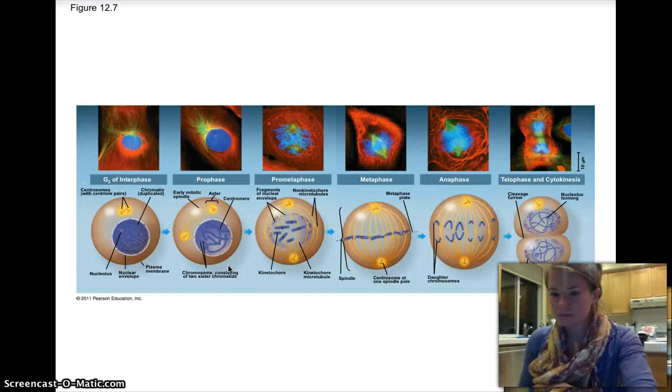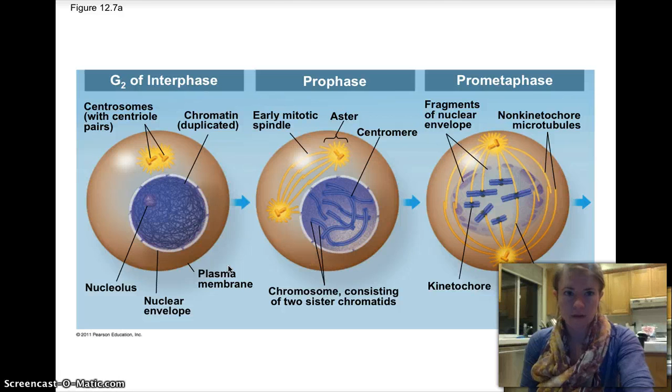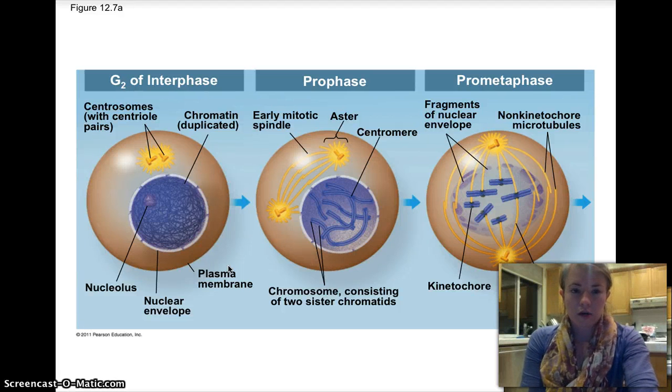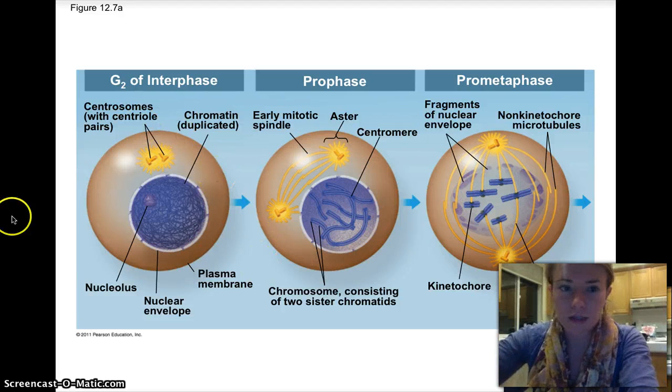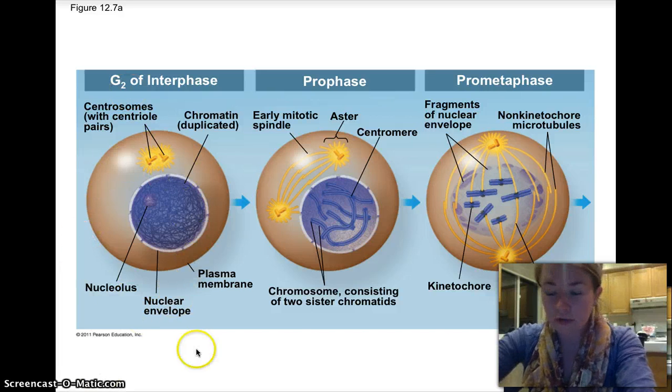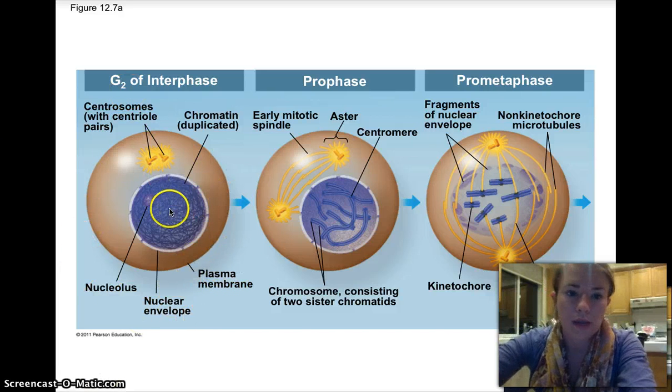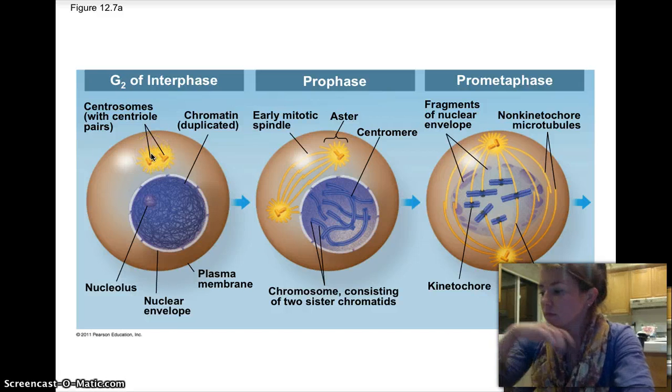So here's a picture. This is what the cell looks like during the end of interphase, during G2. The chromosomes are in chromatin. They are not condensed. They are contained by the nuclear envelope inside the nucleus. You can still see the nucleolus. And then we have these things called centrioles.